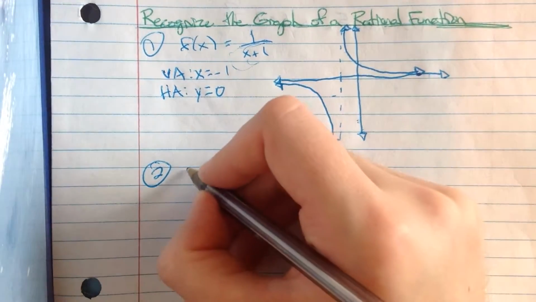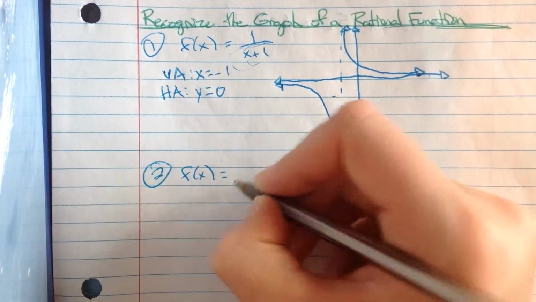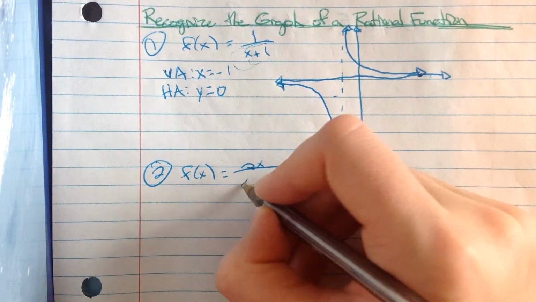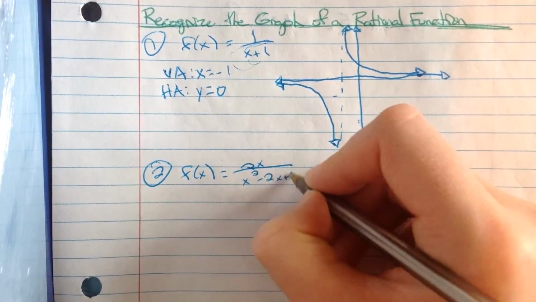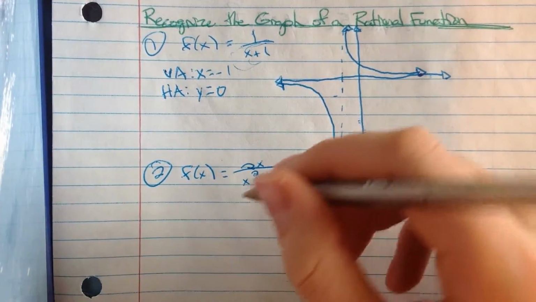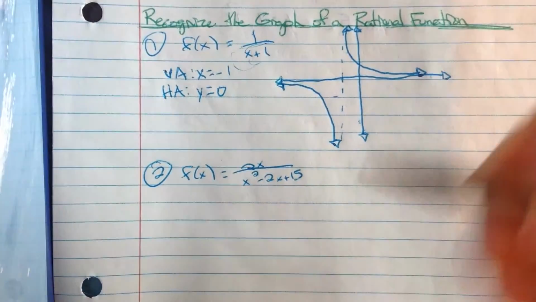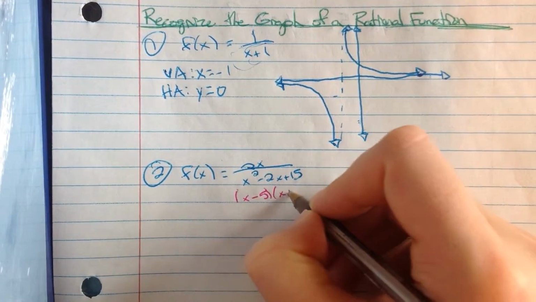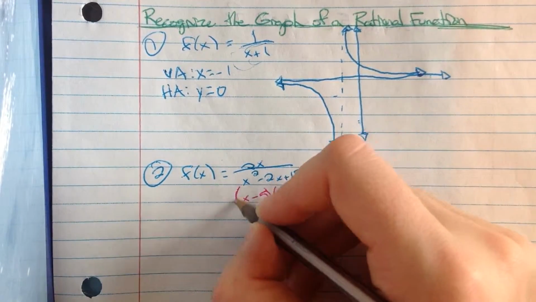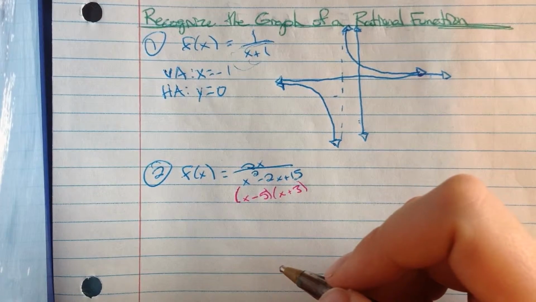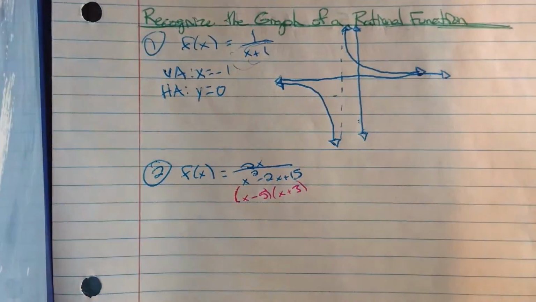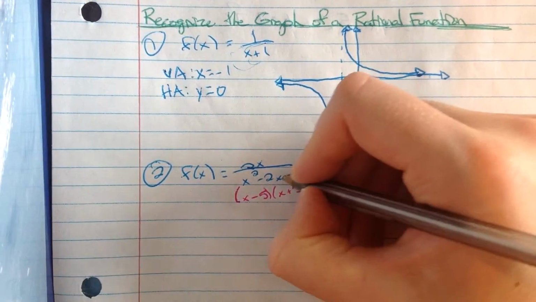Well, what if we're given f of x equals 2x over x squared minus 2x minus 15? Remember that denominator factors to become x minus 5, x plus 3. Excuse me, this should be a -15.